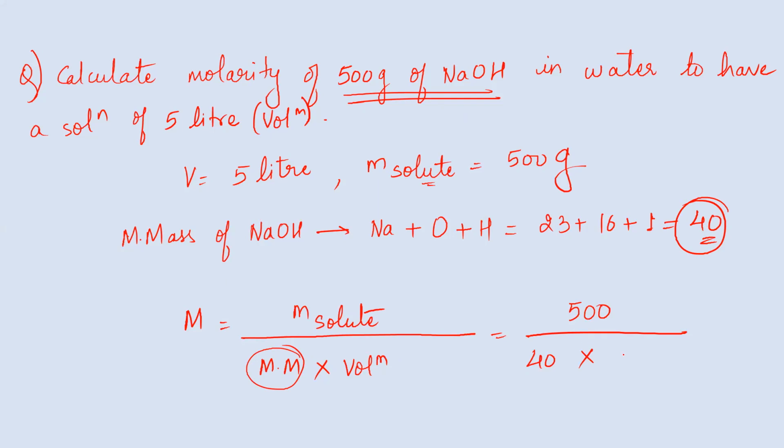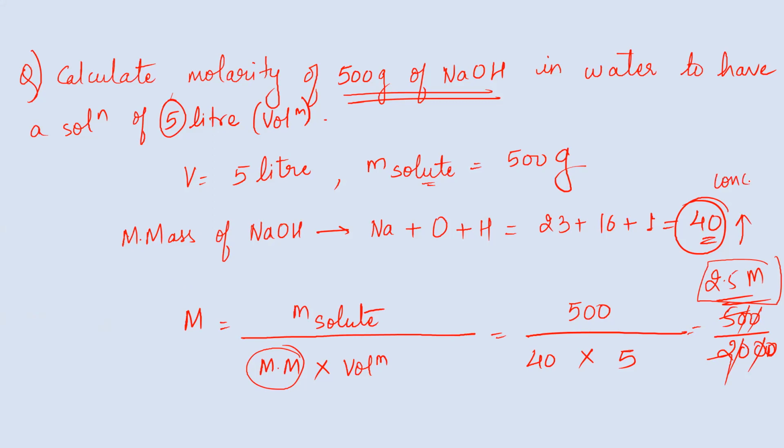How much is the volume? 5. So you will have 500 divided by 200. Is it correct? Yes. So this solution that you're going to make will be 2.5 molar.